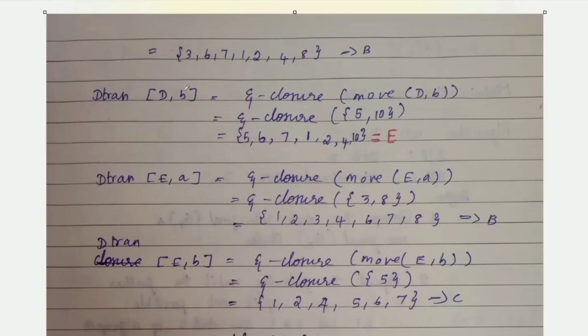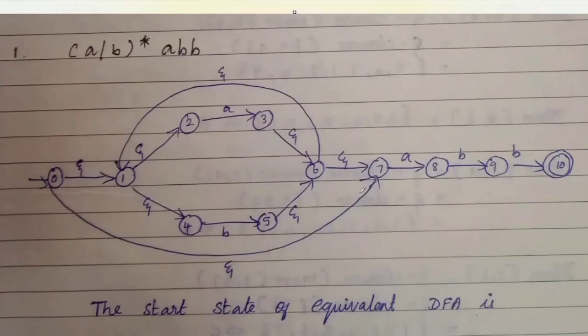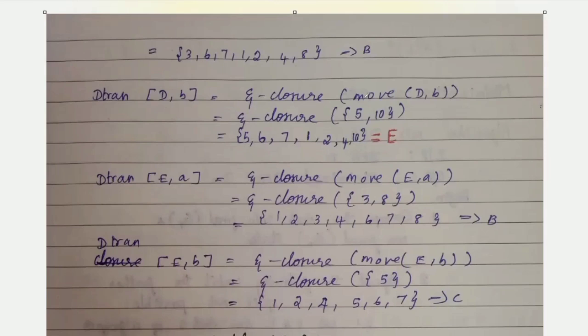Next, one more input b. DFA transition of D comma b equals epsilon closure of move(D, b). From D, the given set, 4 and 9 lead to 5, 10. In the given transition diagram, 4 on b leads to 5, and 9 through b leads to 10. Then write move(D, b) is going to be {5, 10}. Then we have to compute epsilon closure of {5, 10}.